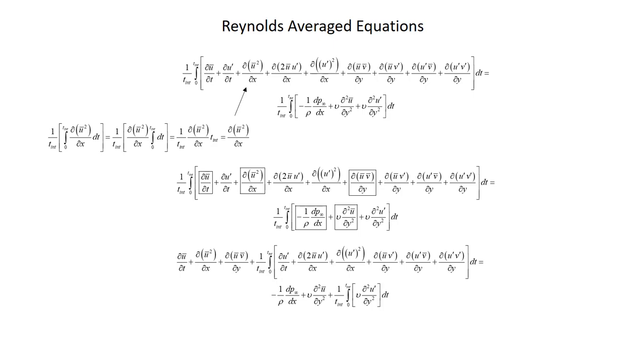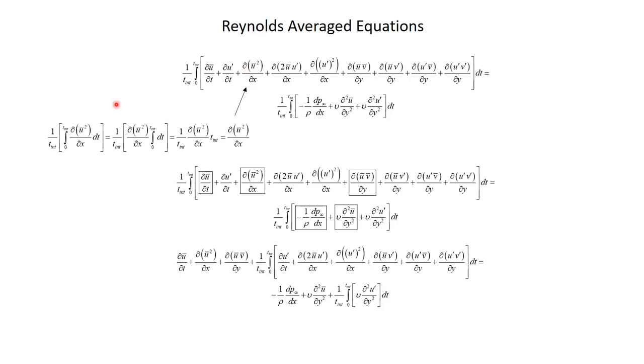So, like I said, many of these terms are going to fall into two kind of boring categories. So let's look at the first boring category, which is I'm integrating a time averaged term. So for example, here I'm integrating the time averaged of velocity squared.